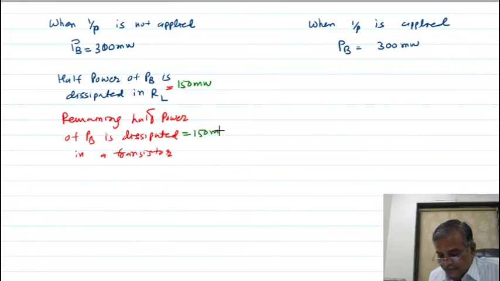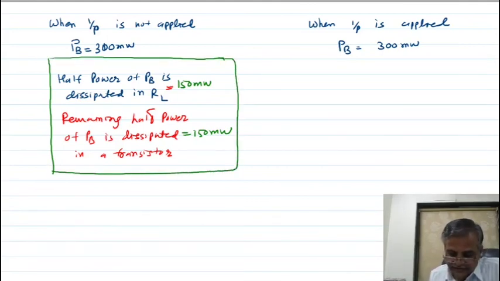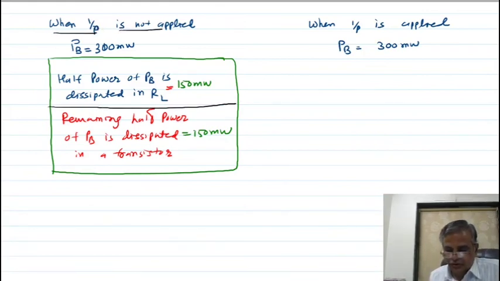This is the wastage. When AC input is not applied, suppose PB is 300 milliwatt, then half of the PB is dissipated in load RL and the remaining half is dissipated in the transistor.